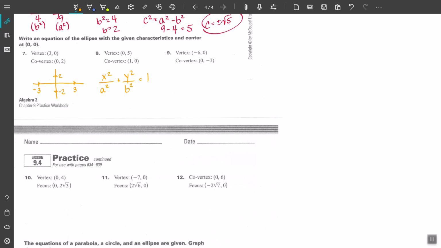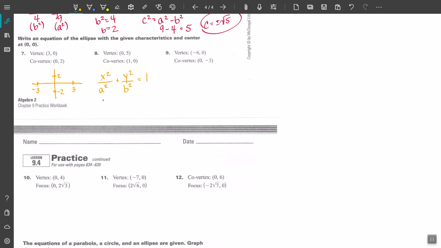All right, so we're going to need this form of the standard equation. We'll take our vertex at 3, that's our a, and we'll square it. And then our b is that value of 2. We'll square that. And we will end up then with a standard form for this equation of x squared over 9 plus y squared over 4 equals 1.